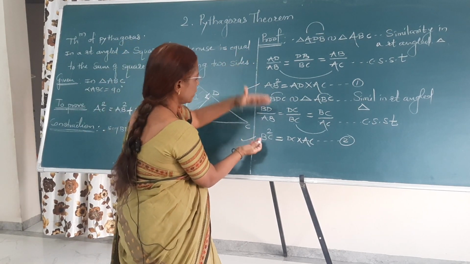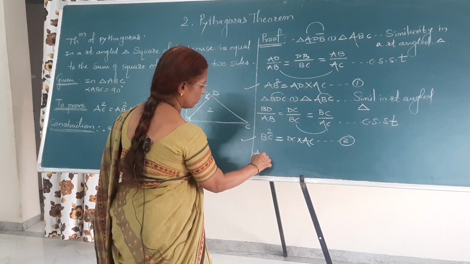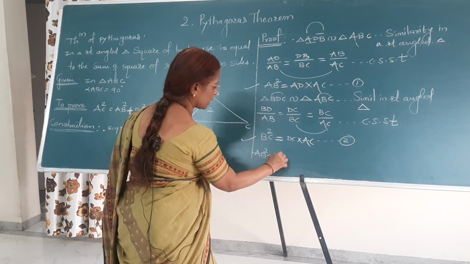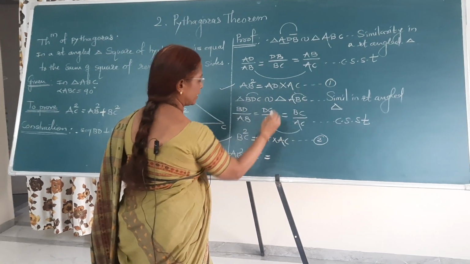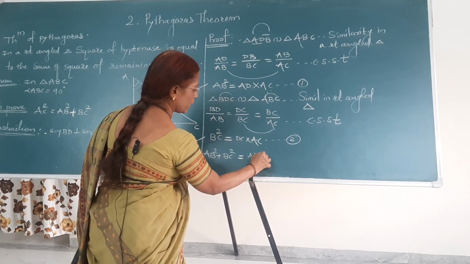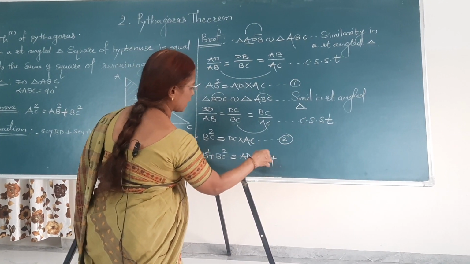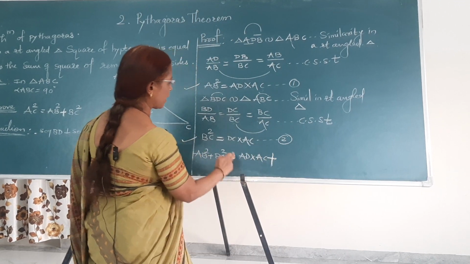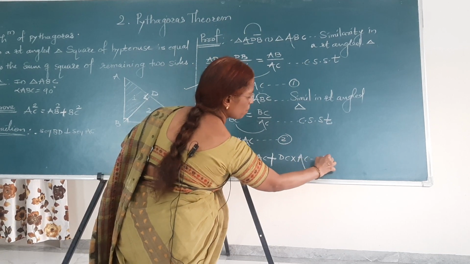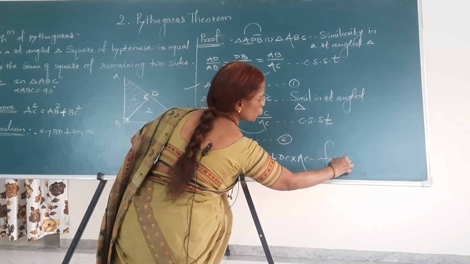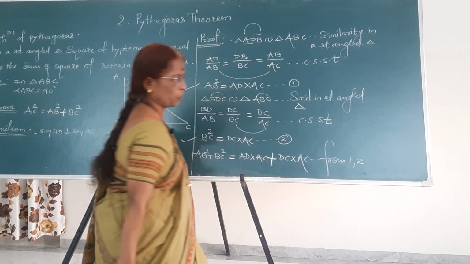Add right hand side to right hand side, and you will have AB square plus BC square equal to AD into AC plus DC into AC, and the support is from equation number 1 and 2.